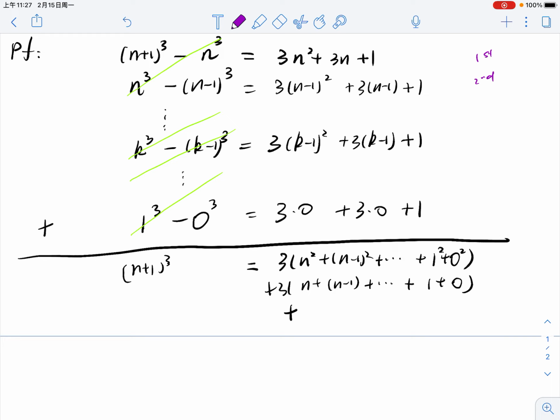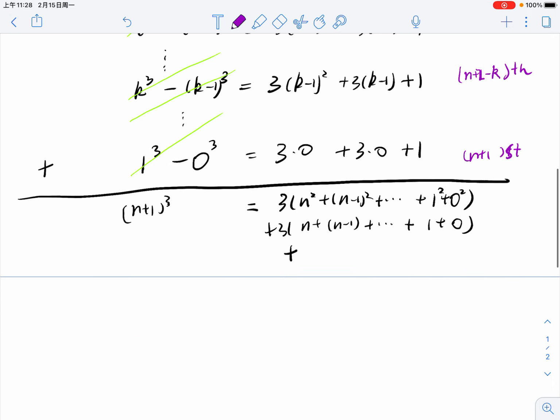This will be n plus 1 minus k, so n plus 2 minus k. Therefore this is n plus 1. And therefore here you have plus n plus 1.